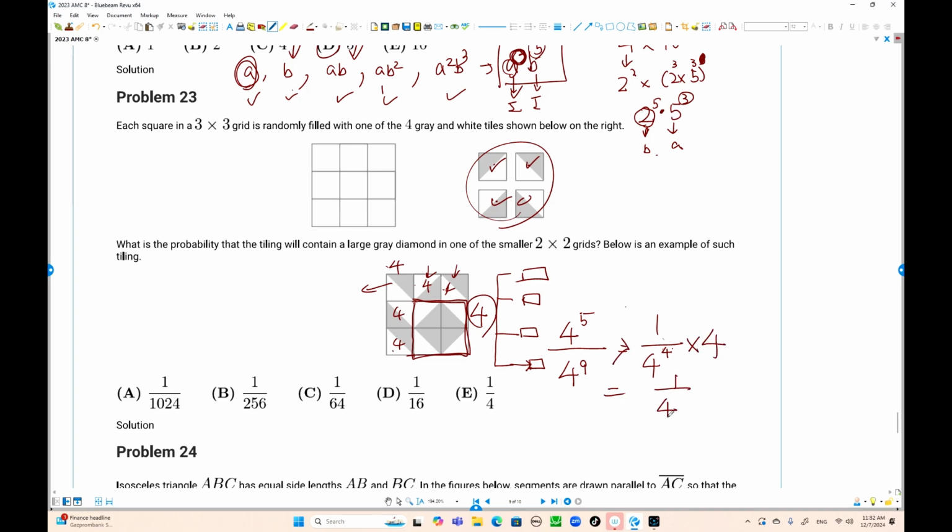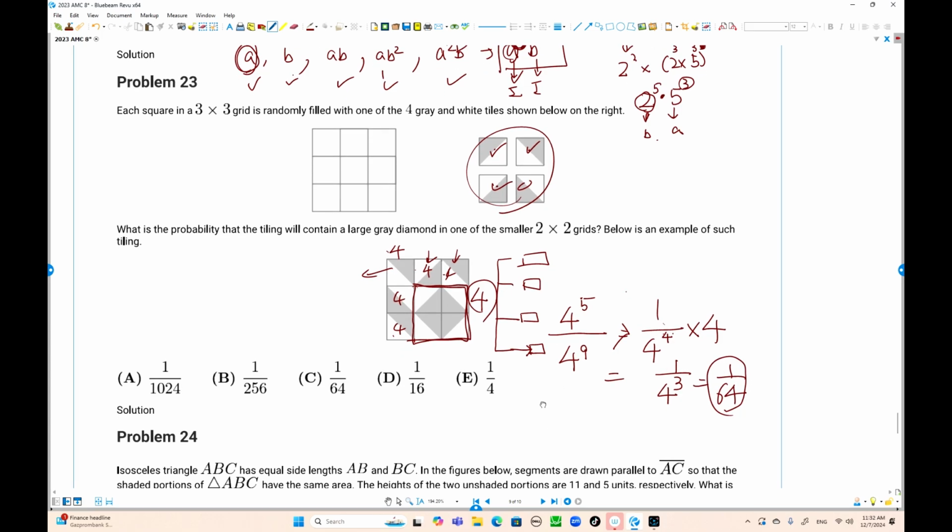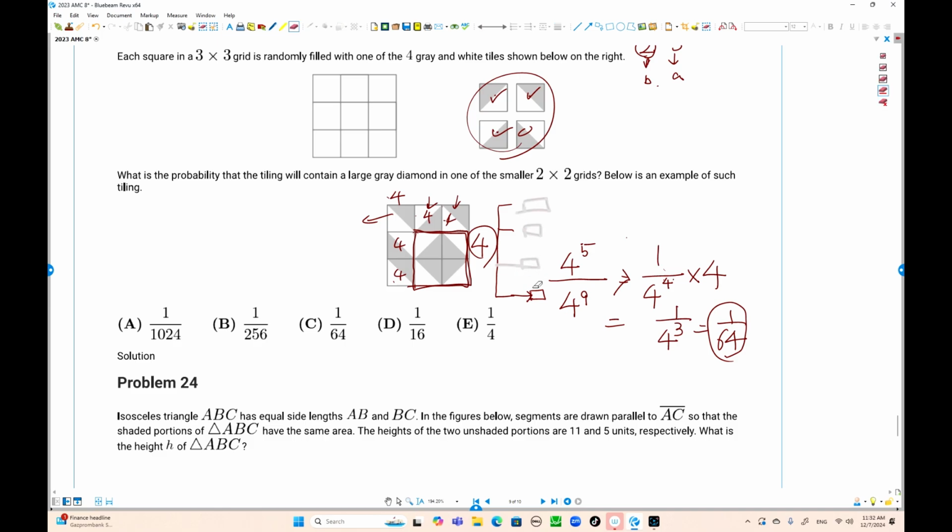That is 4 to the third. 1 over 64 is the answer. This one is here, diamond. Second one is here, diamond. Third one is here, diamond. Last one is here, okay? Four different cases.